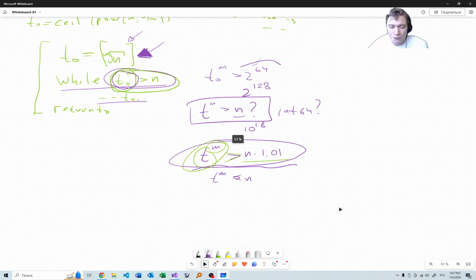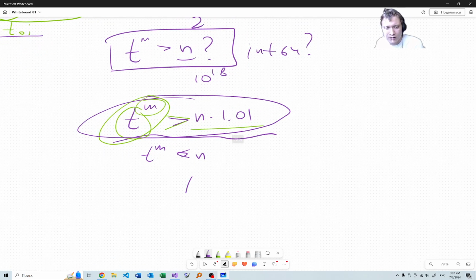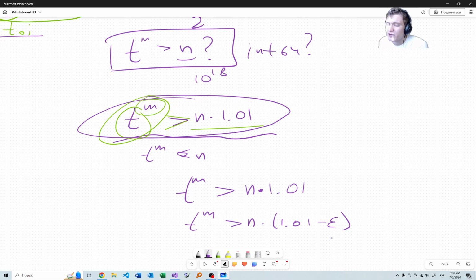Yeah? What do I mean by that? So t to the power m, in our C++ function, it said that it is greater than n times 1.01. This means that actually t to the power m is greater than n times 1.01 minus epsilon. Because there can be some errors. But the errors cannot be such big that epsilon is 1%.